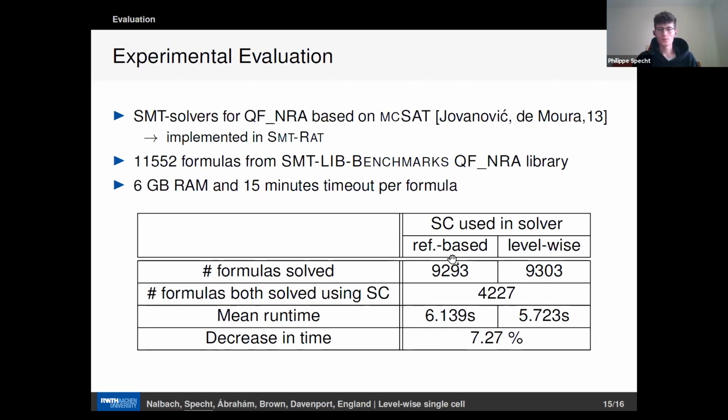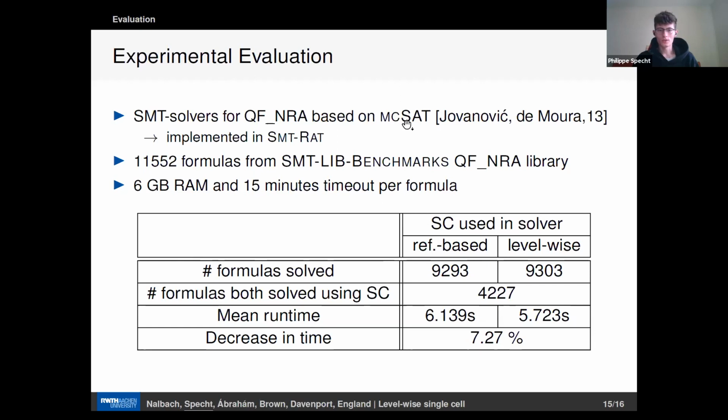So the refinement-based approach solved 10 less formulas than the best heuristic we could come up with for the level-wise approach. And when we now consider, first of all, the intersection of those two sets of formulas, so only problems that both solved, and then also omit problems in which single cell construction wasn't used.